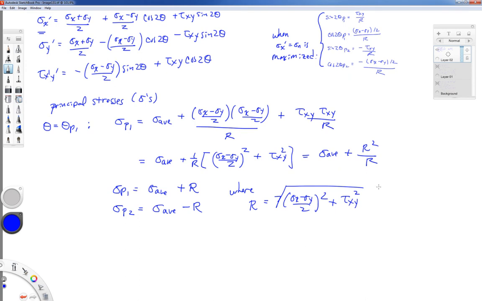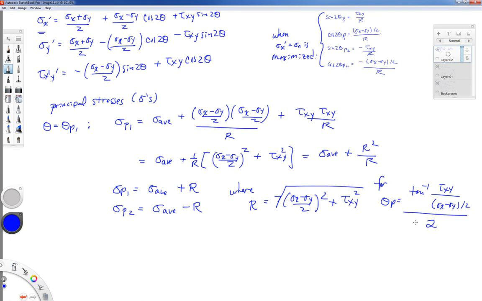And again, this is for theta p equal to the inverse tangent of tau xy over sigma x minus sigma y over 2, and then the quantity all over 2.